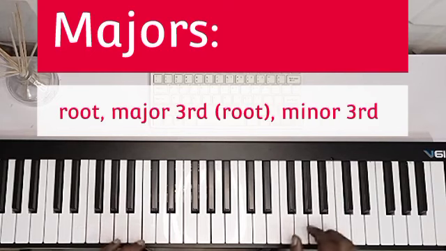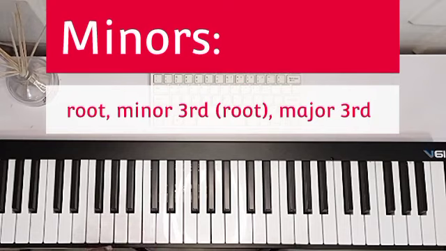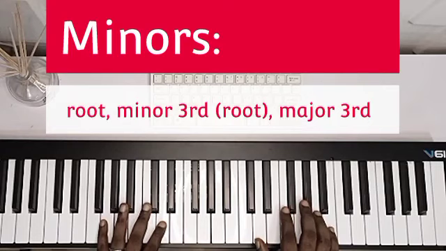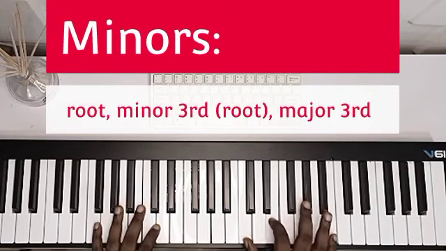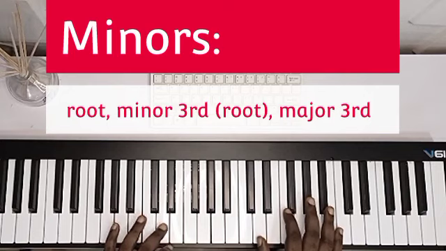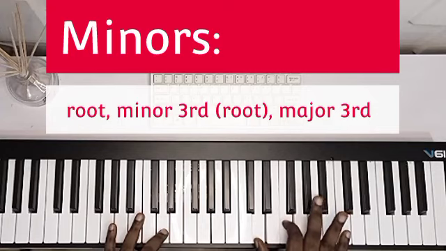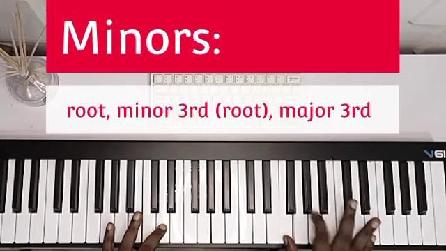Now, the chord structure for a minor note is the reverse. Instead of having root major, root minor, for D, which is the second, we have root minor, 1, 2, 3. Then root major, 1, 2, 3, 4.